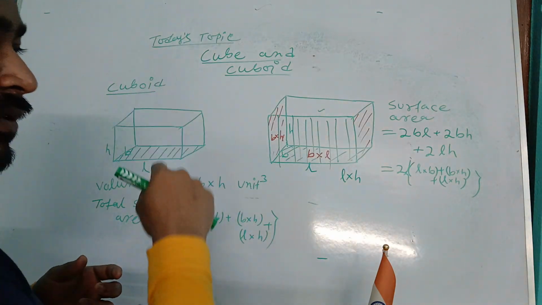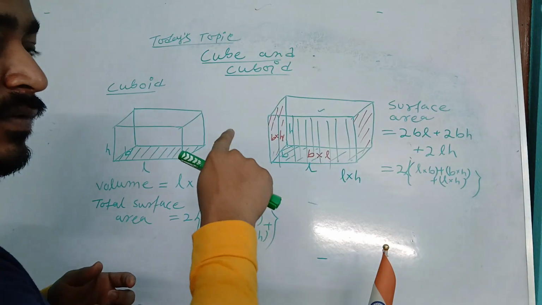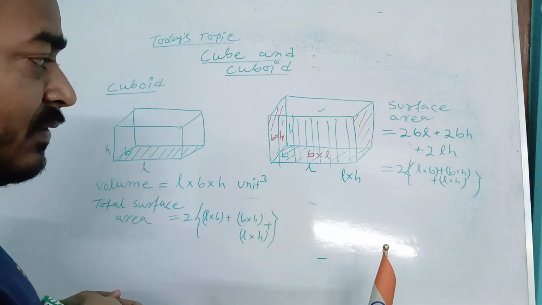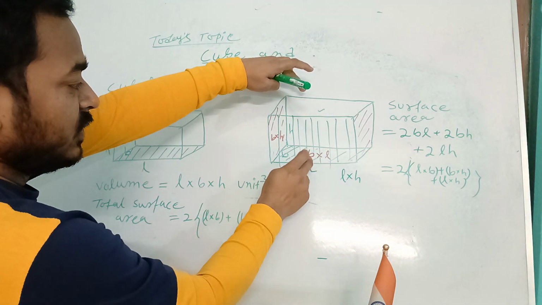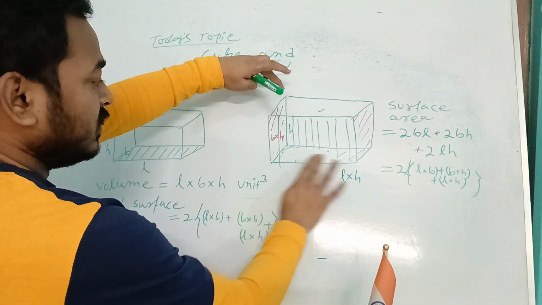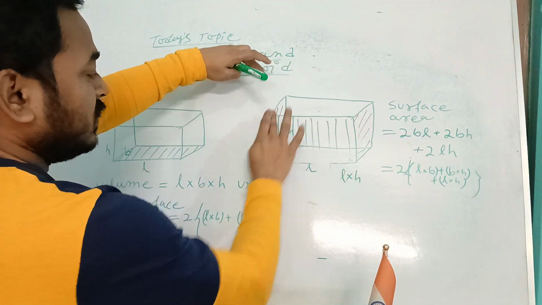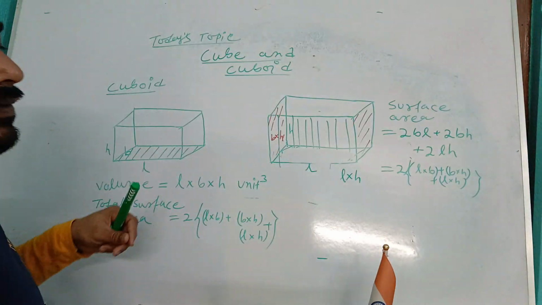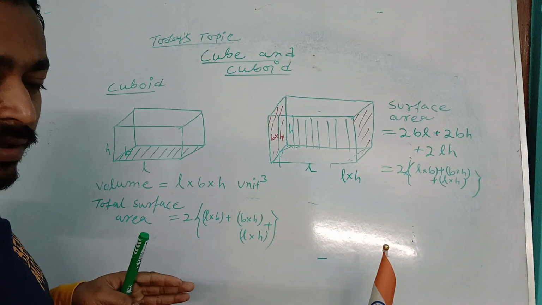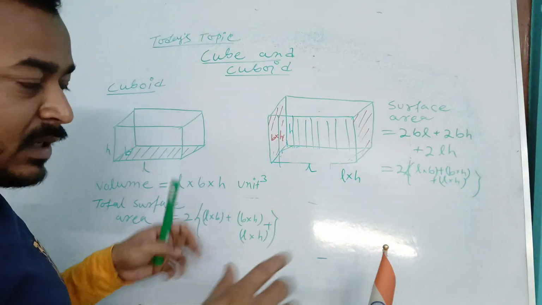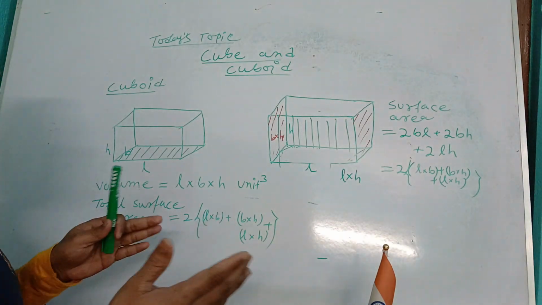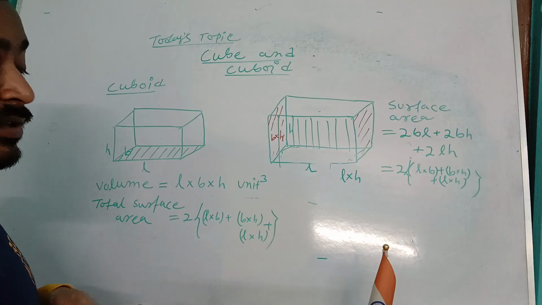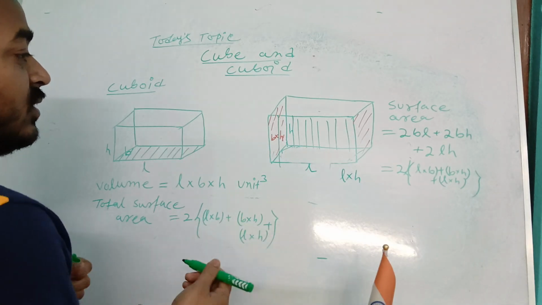So in total 4. We have to neglect these 2 surfaces, roof and floor. So total 4 surfaces. Now tell me, what is the area of 4 surfaces or 4 walls?